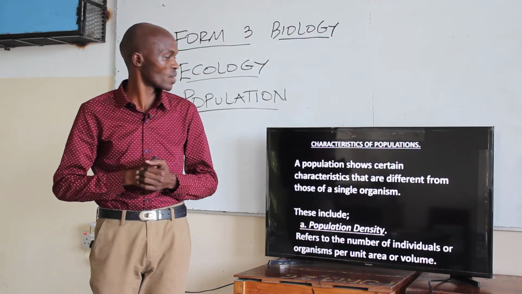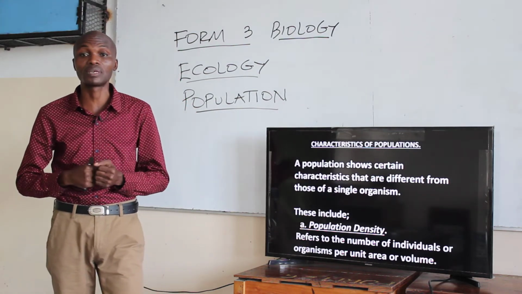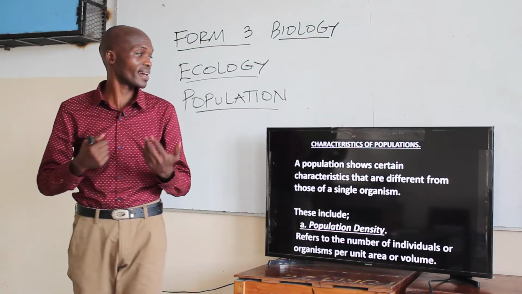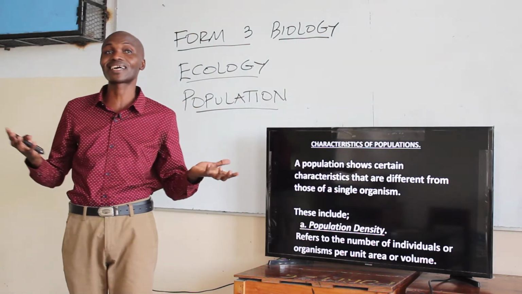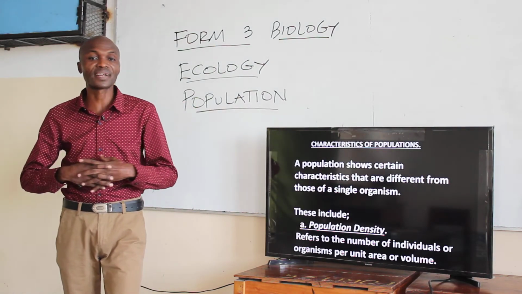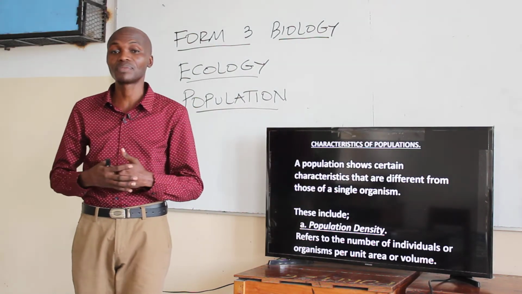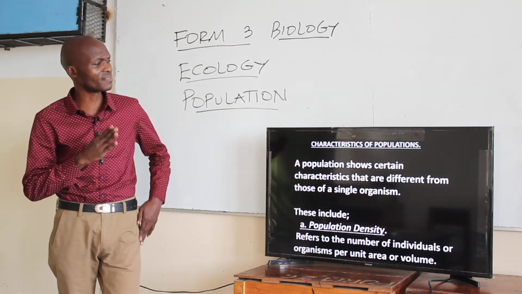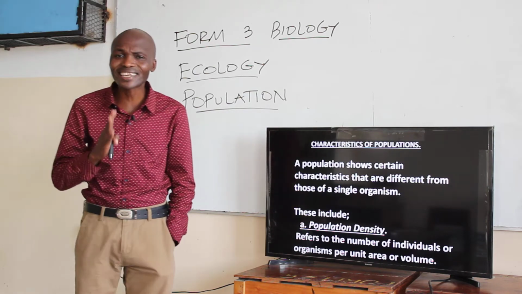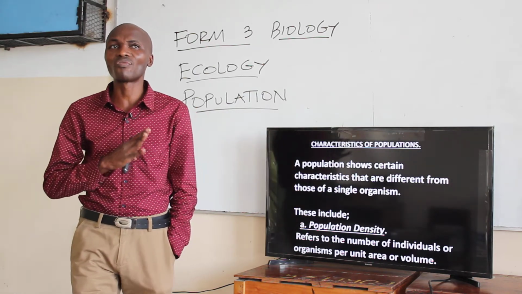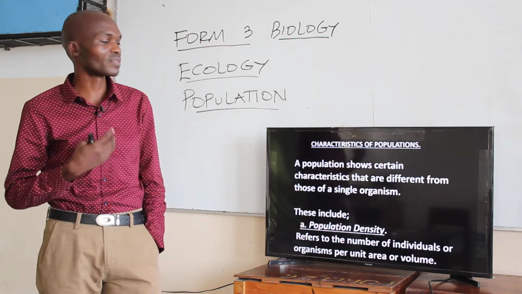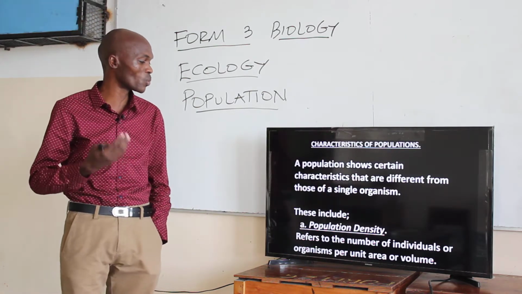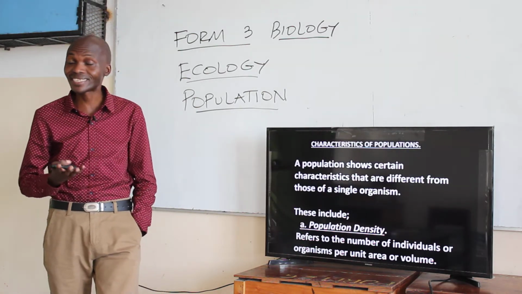So we need to look at a few characteristics of population. Every population will show certain characteristics different from those of a single organism. That means if you look at the characteristics of a given population, they will be totally different from those of a single organism. Some of these characteristics include what we refer to as population density.